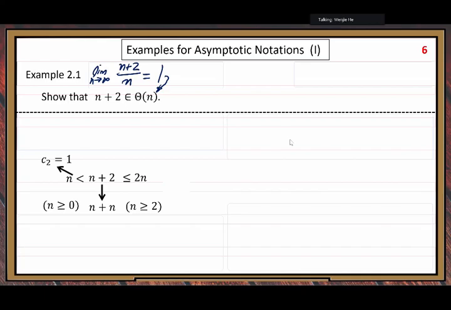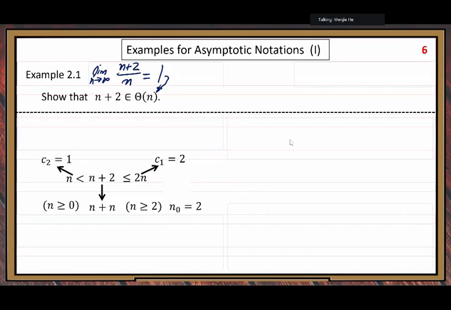So you can see that's the way we find the upper bound and the lower bound. In this case, C1 is 2. So we find both C1, C2, and n0. Because we want to satisfy the conditions for both ranges, n0 should be 2, so both conditions are satisfied.